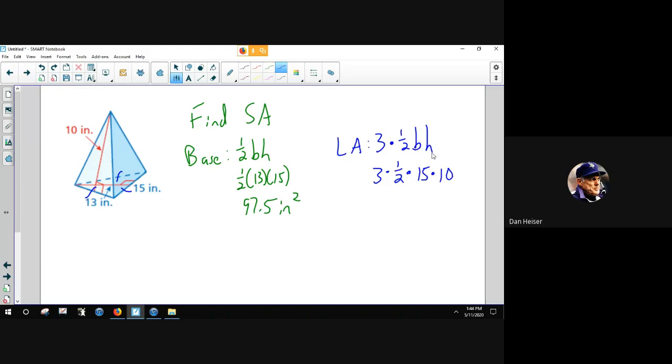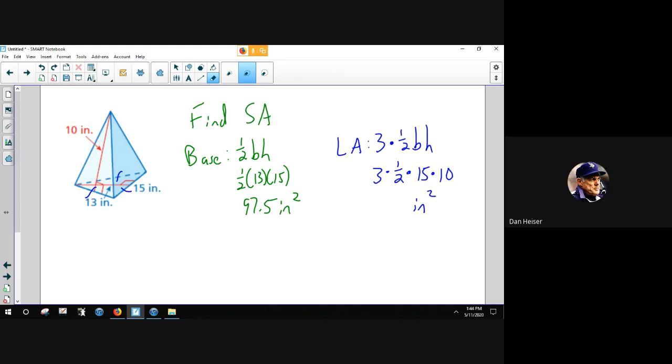So instead of H, we could have used L. All of this then becomes the area of all 3 triangles, which appears it's going to be 25 square inches, if I did that correctly. No, that is not correct. 45, that's not even close. 450, that should be 225.